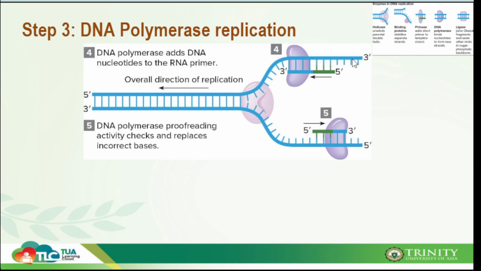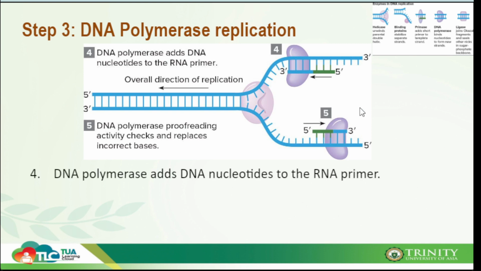So as you can see here, medyo nagmumukha na siyang fork talaga, di ba? Tapos meron pa yung gitna. Yan, so mukha na siyang fork talaga. Afterwards, we have DNA polymerase, itong bean-shaped structure na ito. The DNA polymerase will be the one to add DNA nucleotides to the RNA primer.